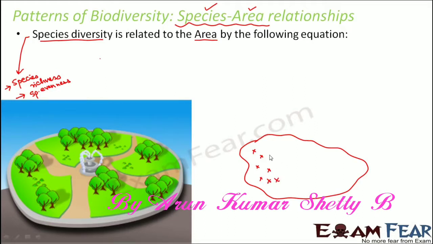They were not living everywhere, so the species diversity could be seen only in this area of the region. You found different types of species or organisms in this area. But gradually one or two organisms moved out of this boundary and started exploring new areas. So gradually the species diversity could be seen in this area as well.